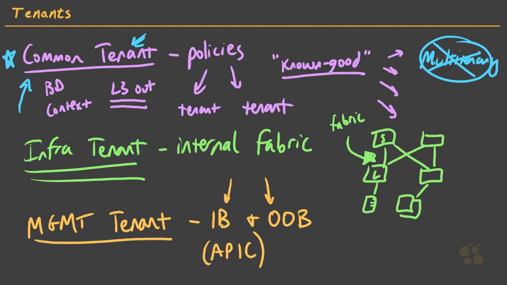So it's usually best, even if we are not a multi-tenancy shop, to create some kind of new tenant. It could just be called the production tenant, something that we will use to apply all of our endpoint groups and bridge domains into so that, hey, at least we're not locking ourselves out of potential misconfigurations down the road.